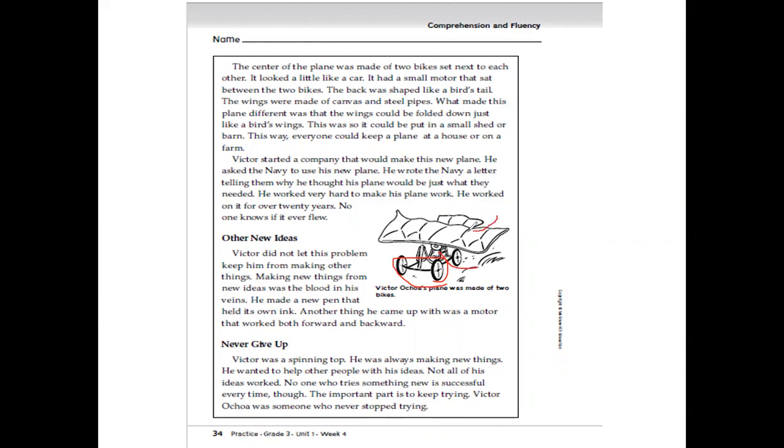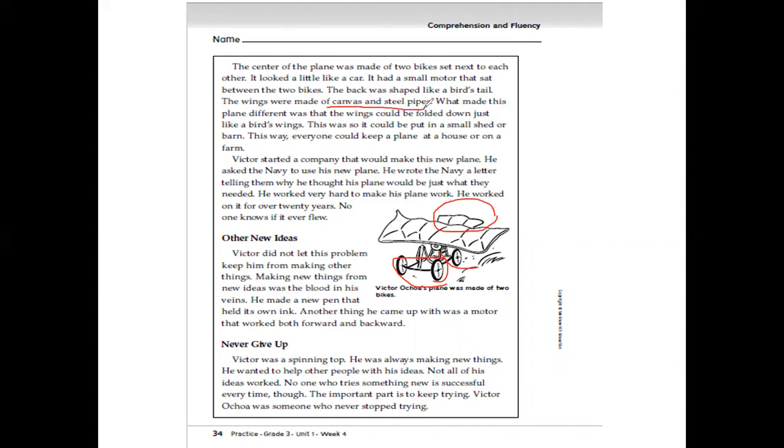And the back of the plane, or the flying machine, looked like a bird's tail, and the wings were made of... I forgot, it was made of what here? Canvas and steel pipe.